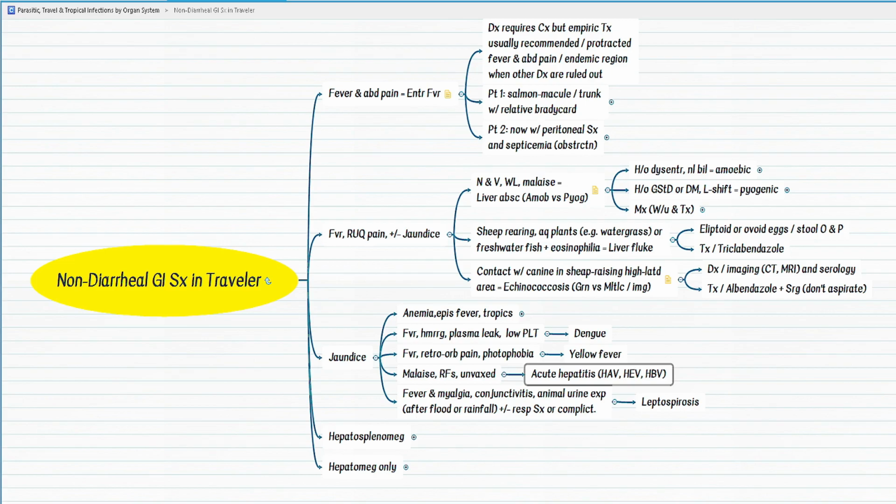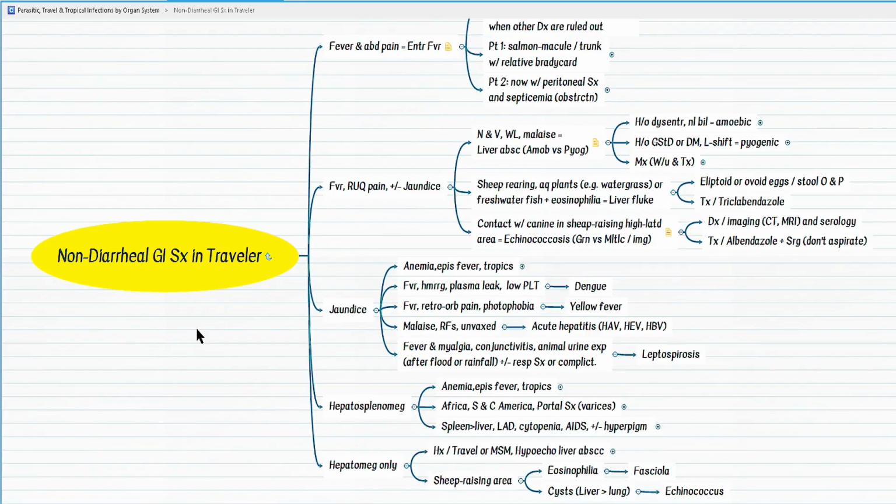So let's start with those with splenomegaly, usually more significant, but also accompanied with hepatomegaly. What are the differential diagnoses? The differential diagnosis in a traveler with hepatosplenomegaly includes again malaria, schistosoma mansoni, and visceral leishmaniasis.